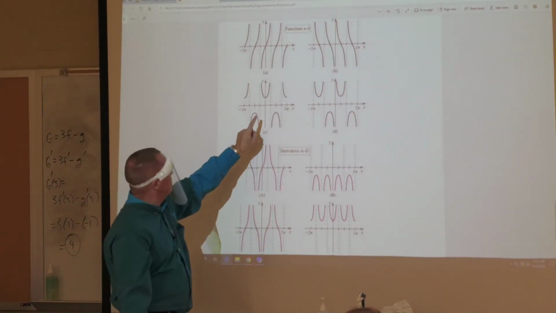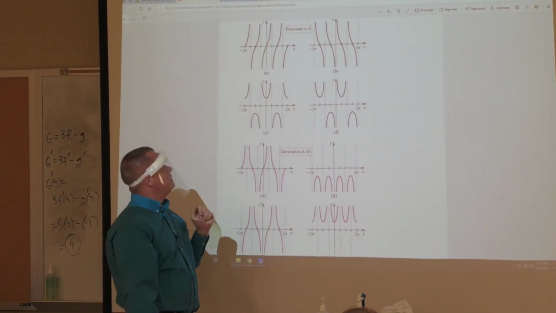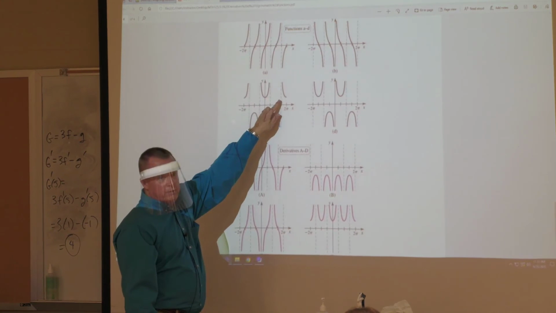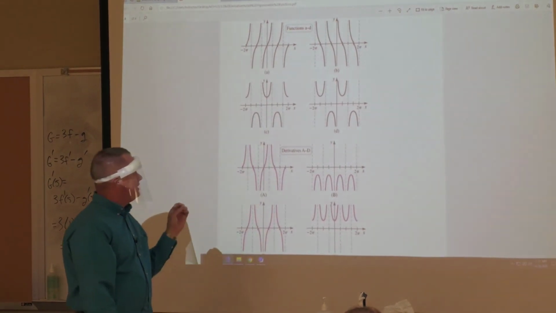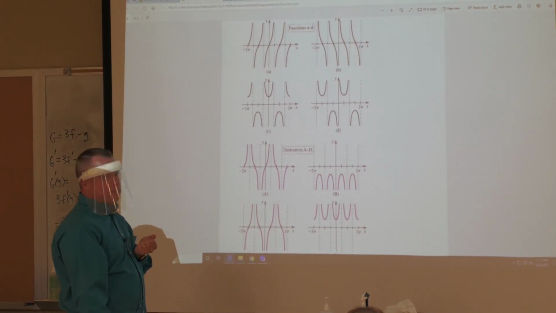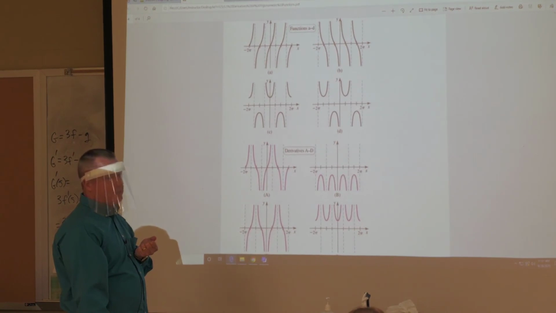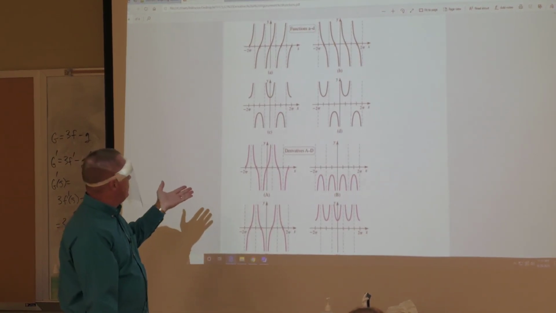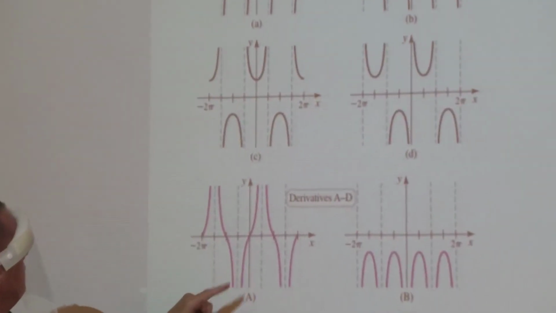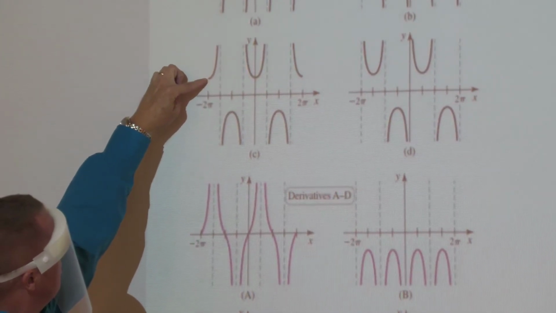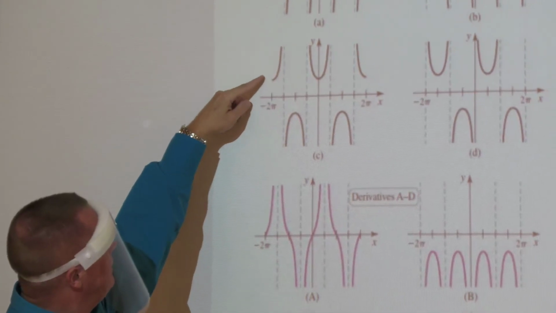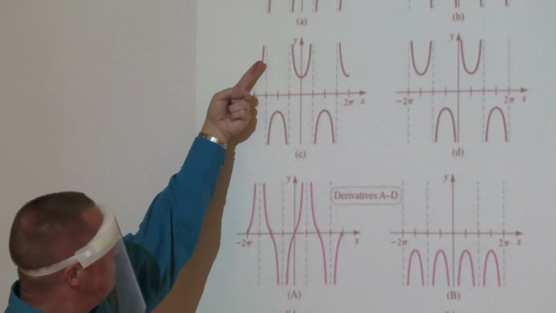What is this one? Is that secant or cosecant? Secant, because it goes along with the cosine one. So the derivative of secant is what? Secant times tangent. I don't know which of those graphs would be that, but your asymptote should match, so it should be this one. Right here at 2 pi, your slope should be 0, and then you're going up like this, getting sharper and sharper.